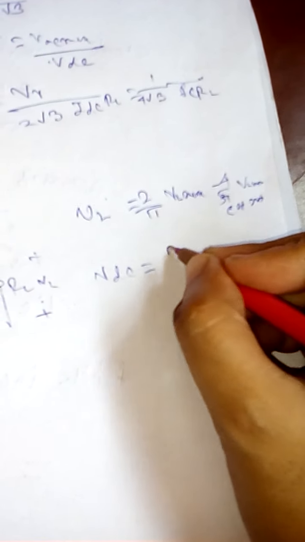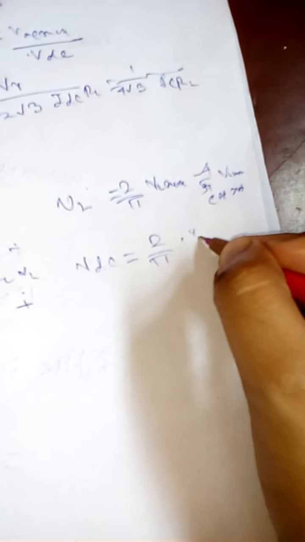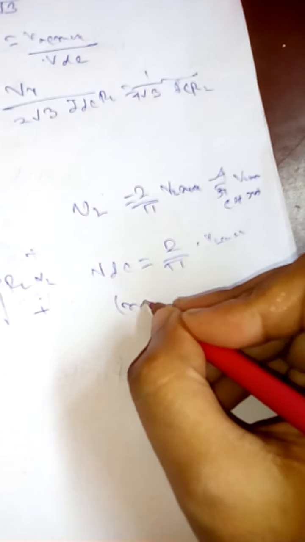So VDC equals twice by pi VL max, neglecting higher terms.